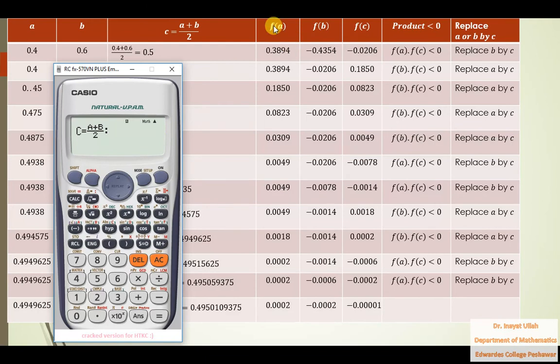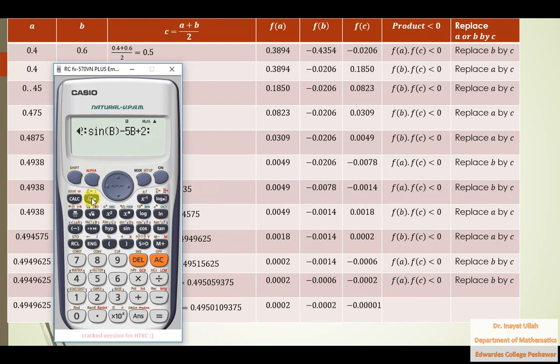Let us write these function values. First of all, f of a, so we write sine of a minus 5a plus 2. Then put a colon sign here, and now replace x by b, so sine of b minus 5b plus 2, and then put a colon sign here.